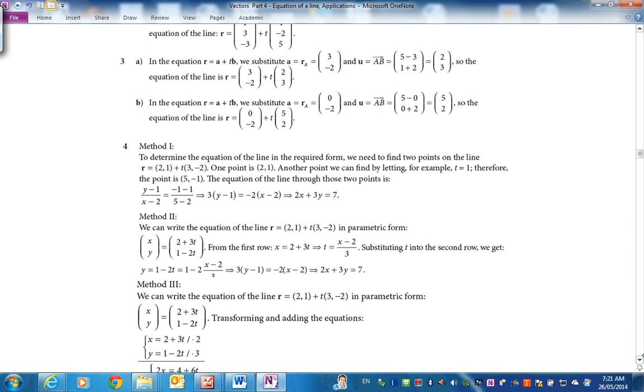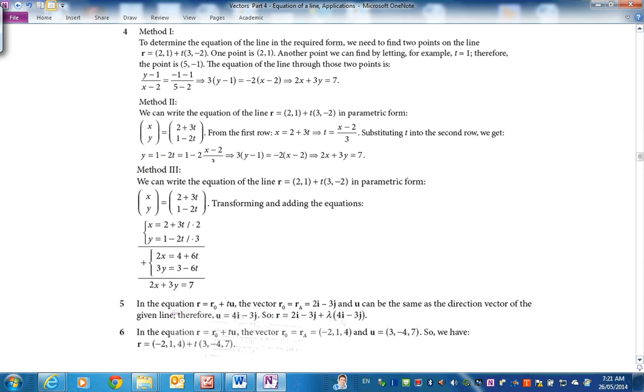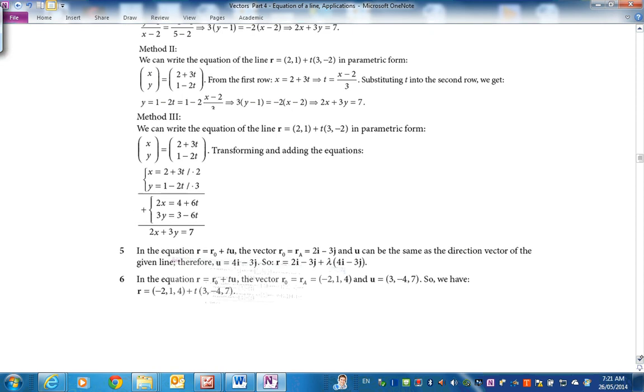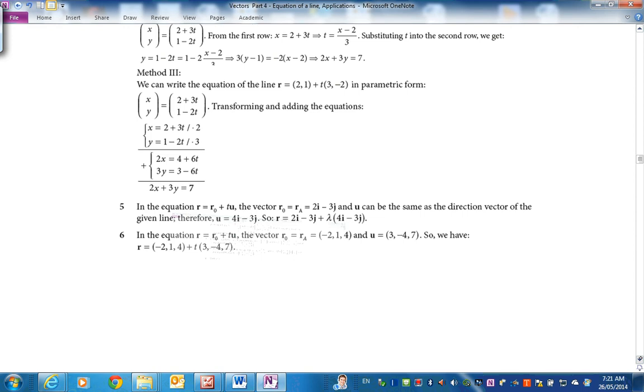Question 3. Question 4. And I think we just squeeze 5 and 6 in down the end here. Okay, 5 and 6 down the end. Getting the hang of it now? Let's move on, because this builds up into some interesting applications later on.